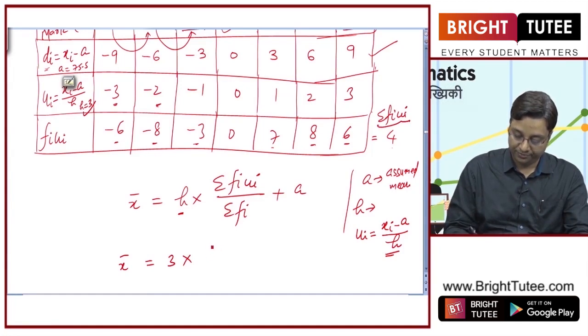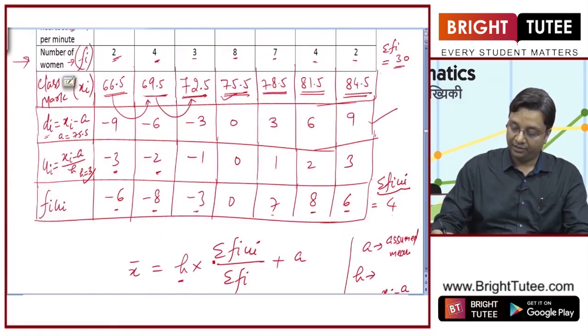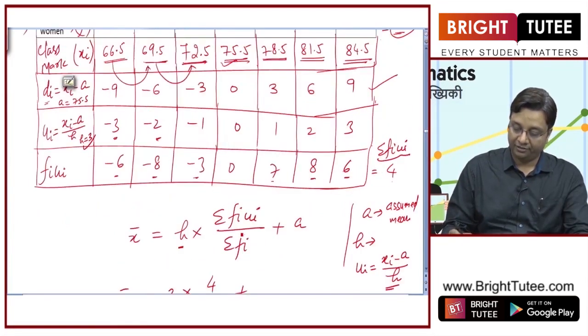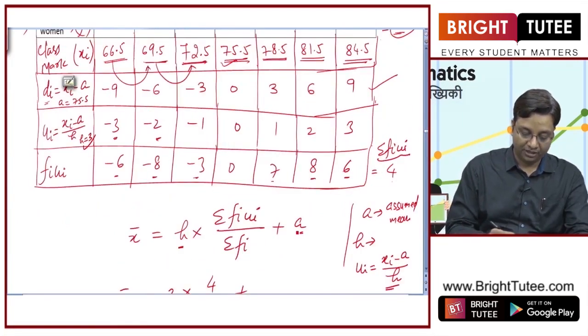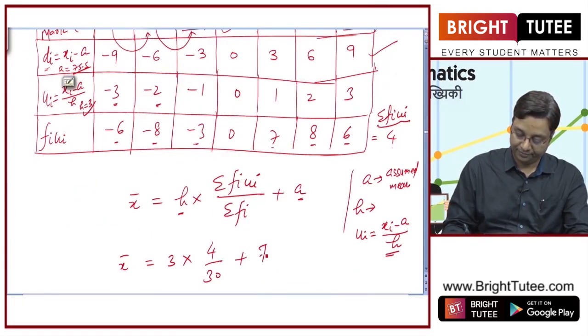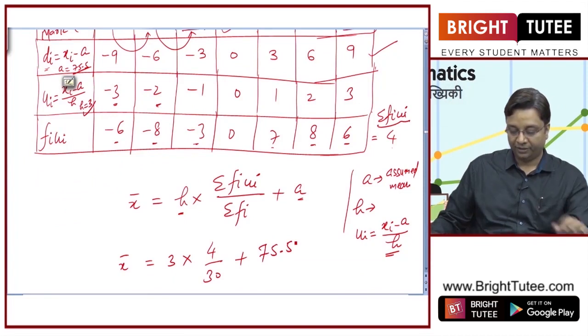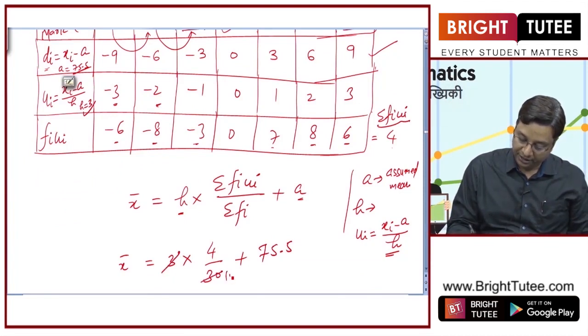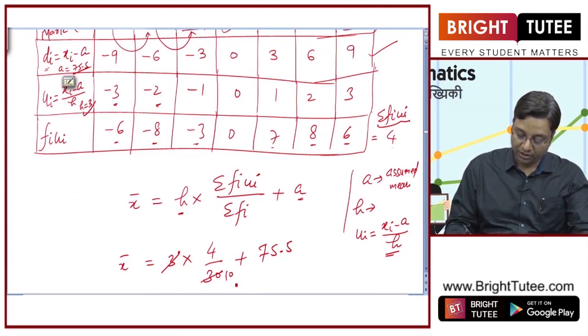4, and we have to divide it by 30. Then finally, we will add a, which in our case is 75.5. Okay, so this will give me my answer, which is 10, so it will make it 0.4.